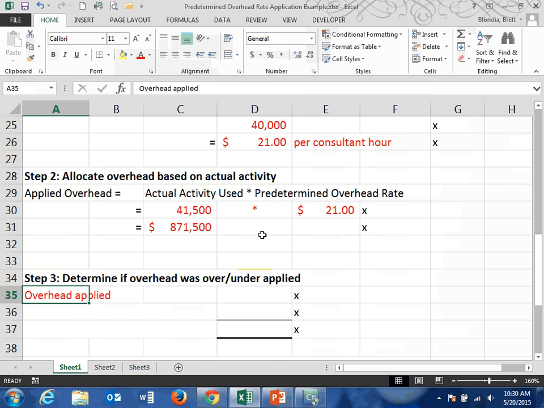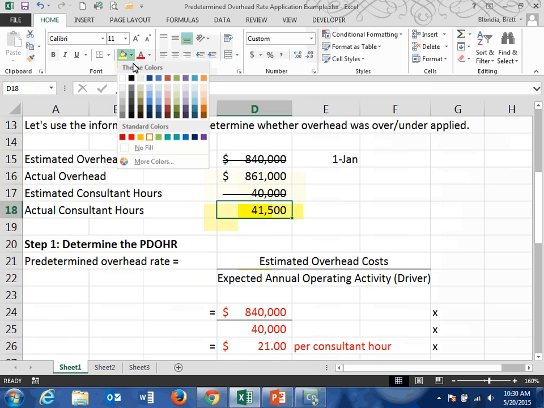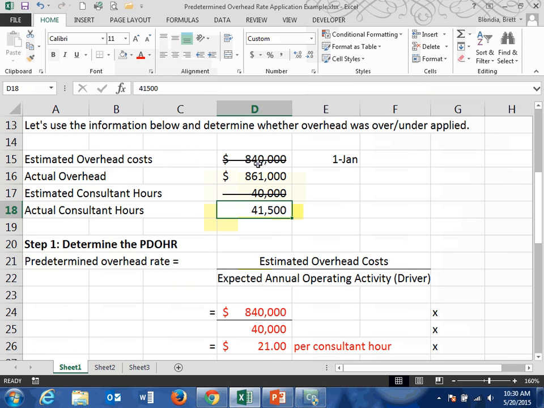We're going to take a look at what we applied, which in this case was 871,500, and compare that not to the hours incurred, not to the estimated hours, but to the actual overhead costs that we incurred. This is the real money, the real charges over the course of the year: what we paid for rent, supervision, maintenance, and the depreciation charged on assets used in the manufacturing process or the service business.